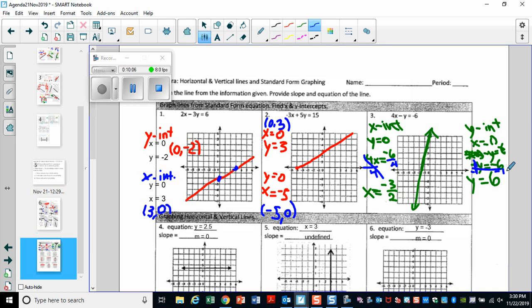So we have to divide both sides by negative 1. Y equals 6. That's where our y-intercept is located. So again, I'll write the coordinate points, (-3/2, 0), that's the x-intercept, so it's going to be between -1 and -2. And for your y-intercept, 0 is x, y is 6, and there's your y-intercept.